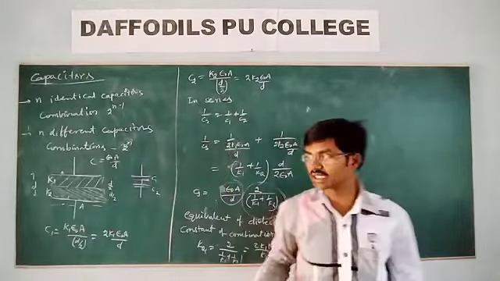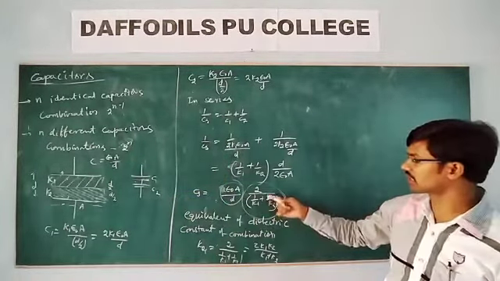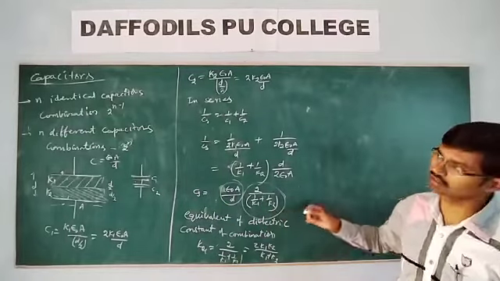If three different dielectrics are there, then it is 3 by (1 by K1 plus 1 by K2 plus 1 by K3).